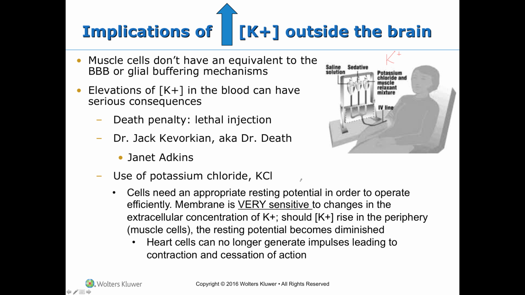And we already talked about how the concentration of potassium outside of the cell can have a direct impact on the membrane potential of the cell. So heart cells can no longer generate impulses due to the fact that their membrane potential is messed up due to the increase in extracellular potassium. This leads to contraction and cessation of action, thus death.